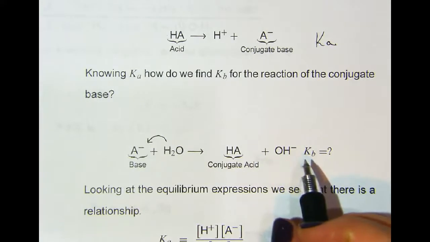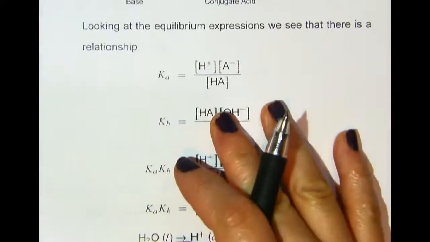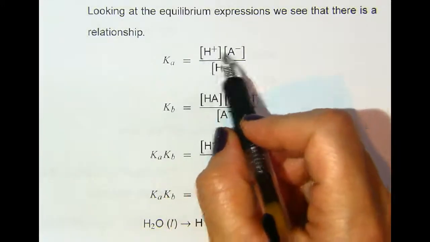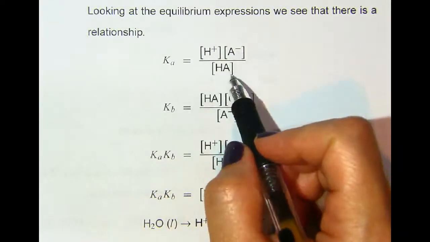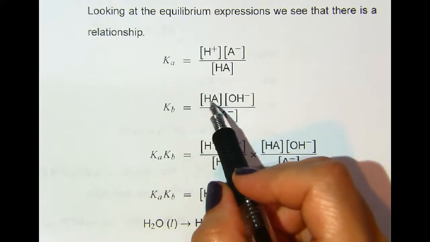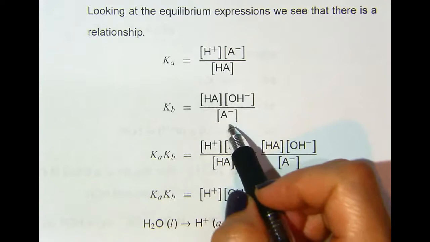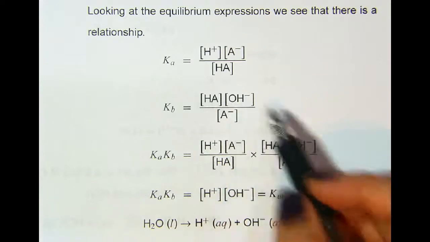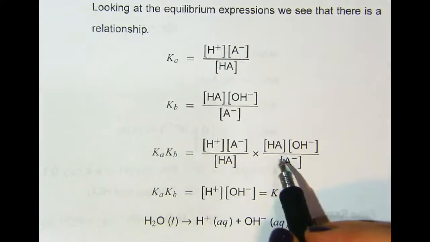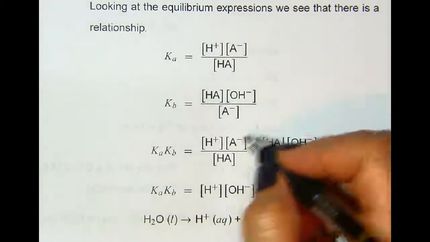So how can we determine the Kb? Well, you can look at the equilibrium expressions as follows, and you can see that the Ka would equal hydrogen, the anion, over the weak acid. The Kb, if you look at the second equation, would be the weak acid times hydroxide over the conjugate base. So if I multiply Ka and Kb, both of these expressions, then everything cancels.